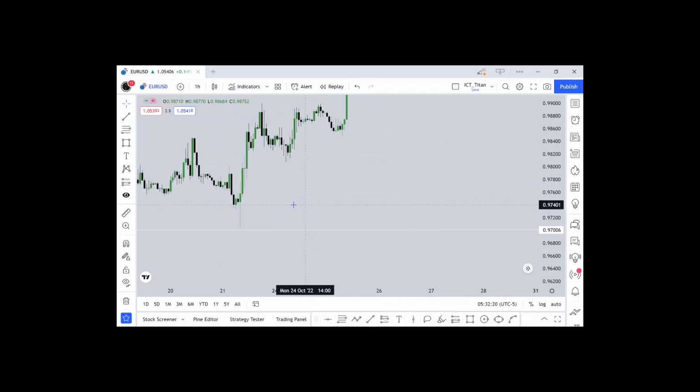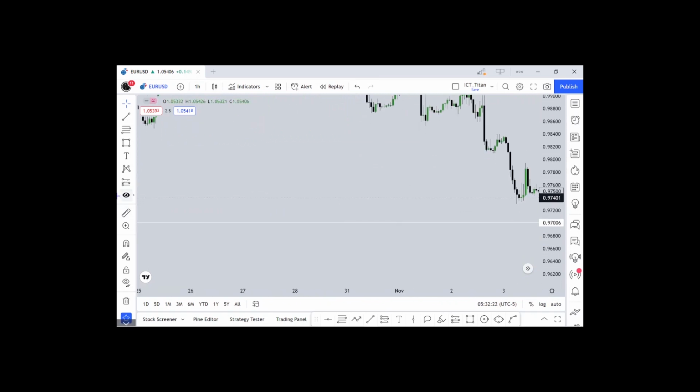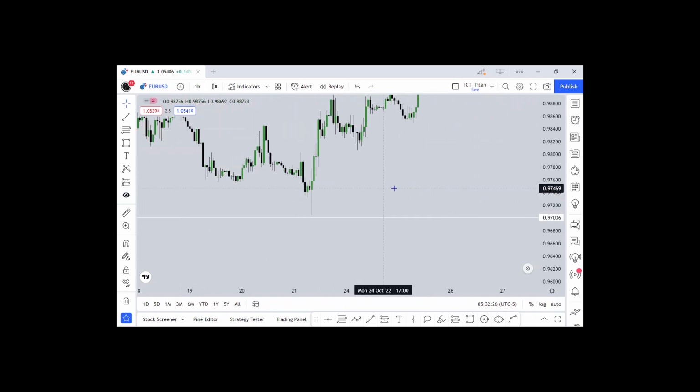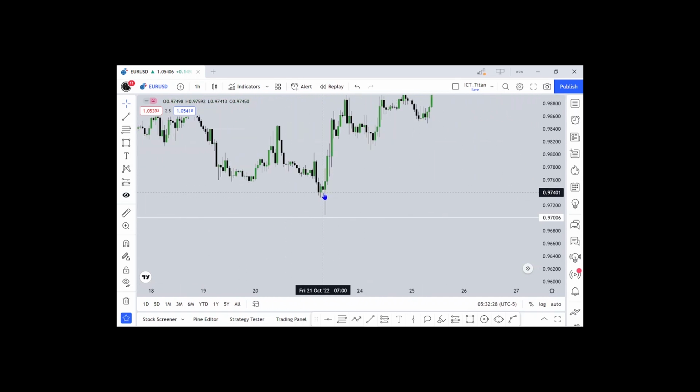It took this liquidity, the sell side liquidity that rests below here. So we have liquidity resting below this particular area, and it's sell side liquidity, remember.